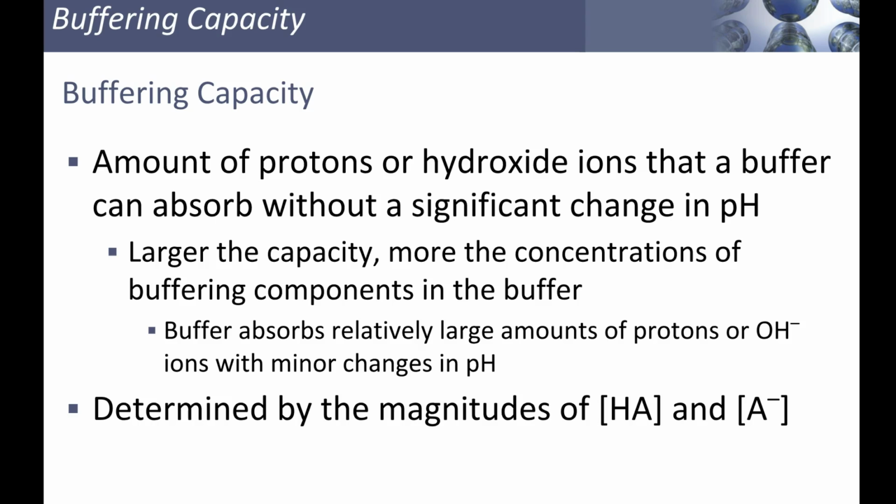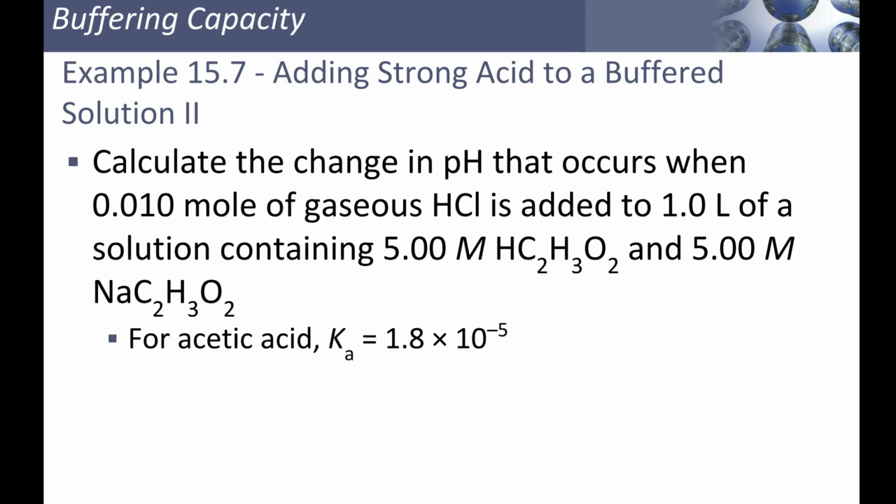It all depends on what kind of buffered solution you're talking about, but all of them can take in small amounts of hydroxide or hydrogen without changing the pH much. That's kind of the whole point of a buffered solution. All right, so we're going to stop there, and I'm going to give you some problems.